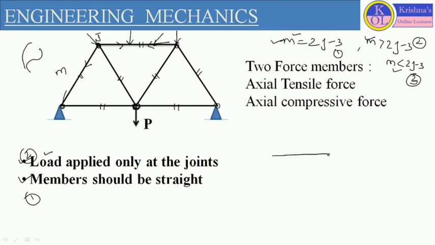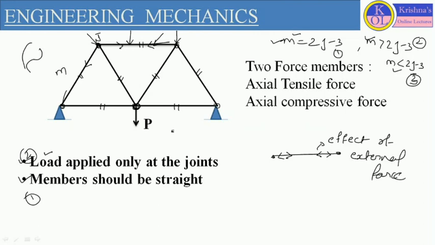If this is our member, then on the member we will only consider loading in the form of tensile load or compressive load. That is the effect of external force.